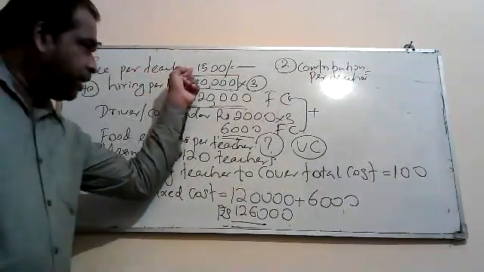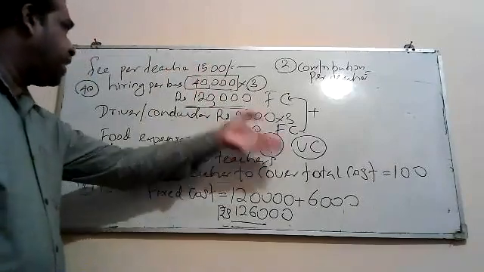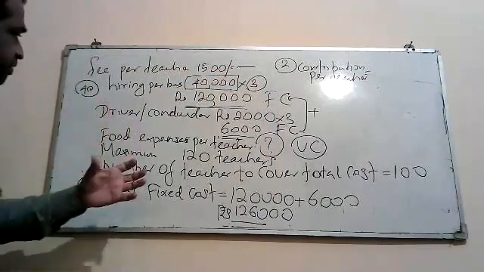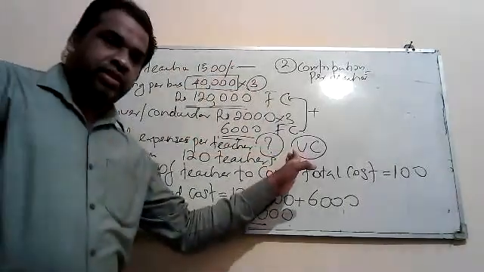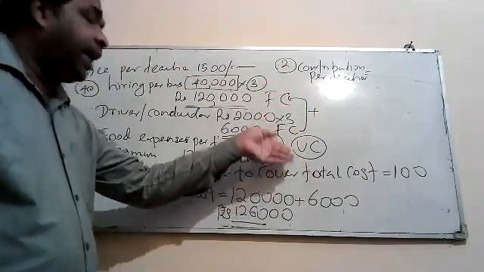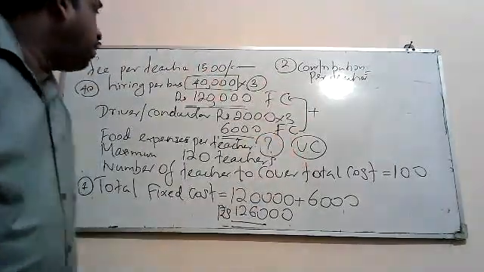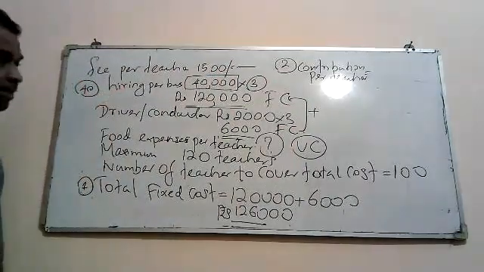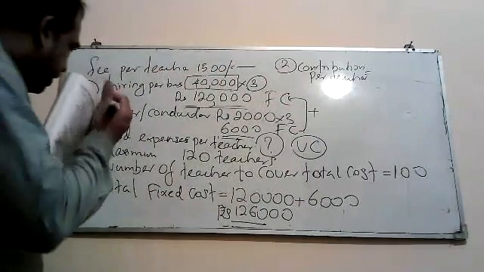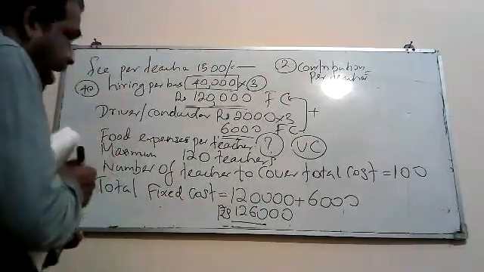If you deduct variable cost from this, we can find contribution per teacher. But in this question, we are not given variable cost. Therefore, we can't directly calculate contribution per teacher by deducting VC from the amount they are going to charge from each teacher.